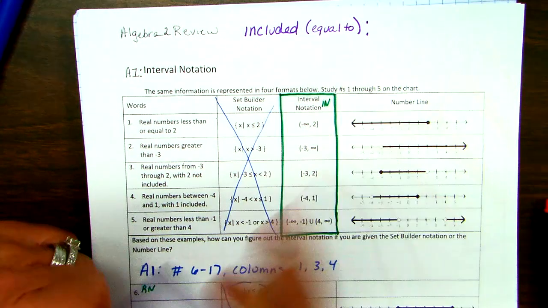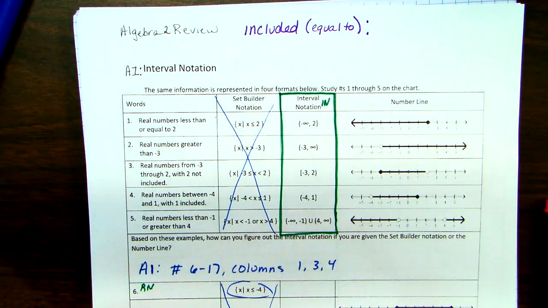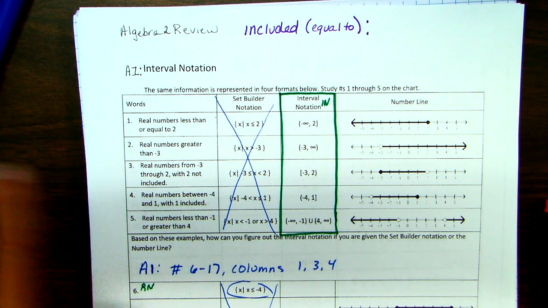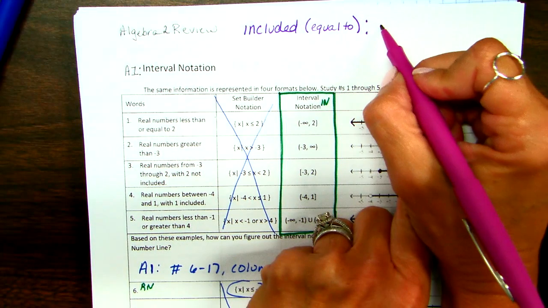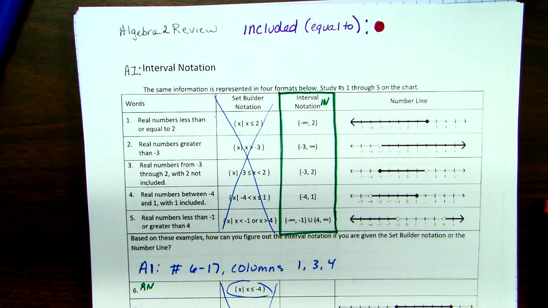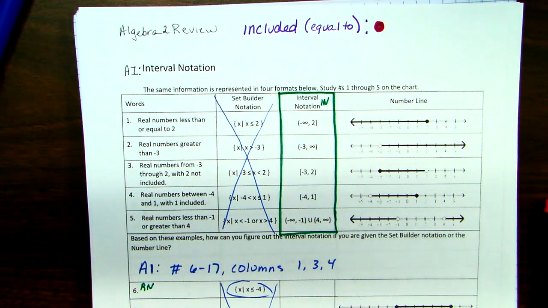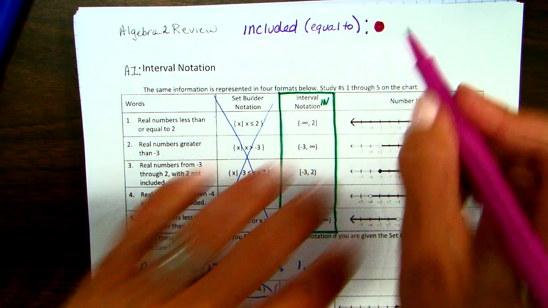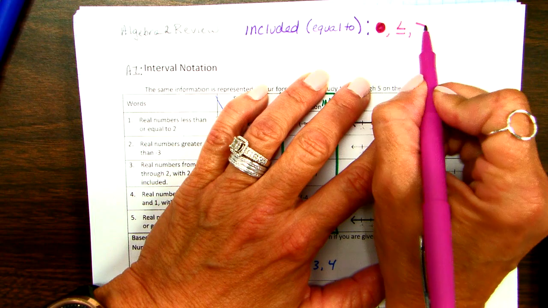There's several different ways we would show that in the various types of notation. For example, if it's included, look on the number line, it's going to have a closed-in solid circle. That means that number is part of the solution, 2, and all the numbers less than it, okay? We also could see a less than or equal to, or a greater than or equal to.